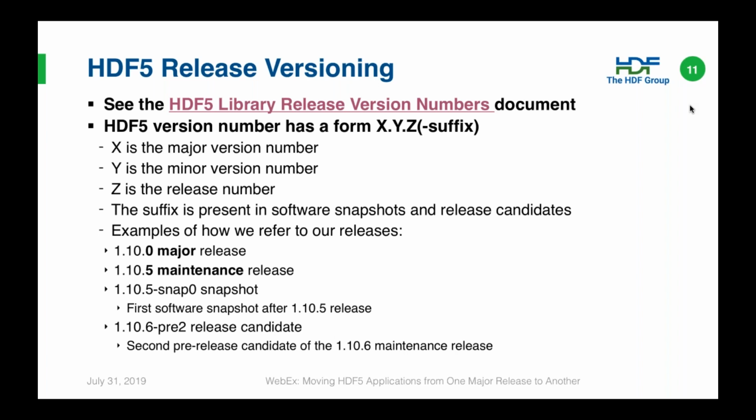Unfortunately, the form we adopted 20 years ago doesn't really work well, as we discovered. First of all, we may confuse you with the way we refer to our own releases.